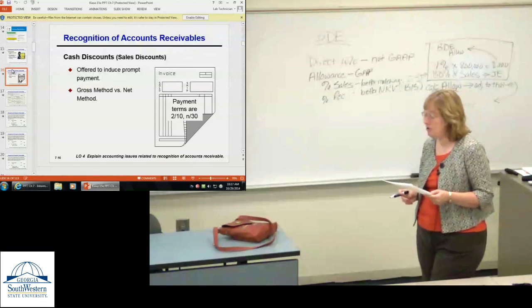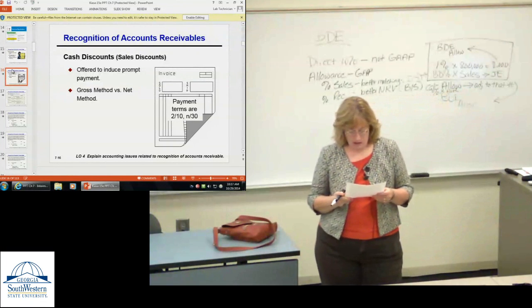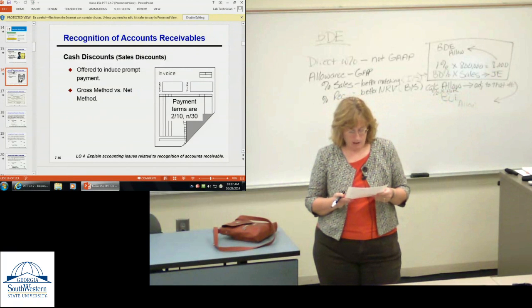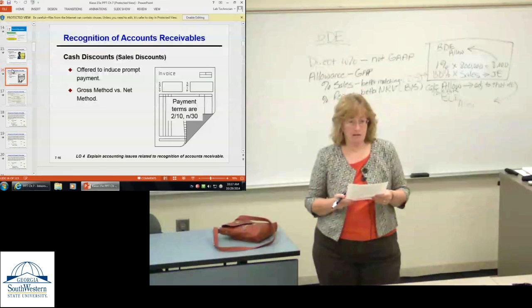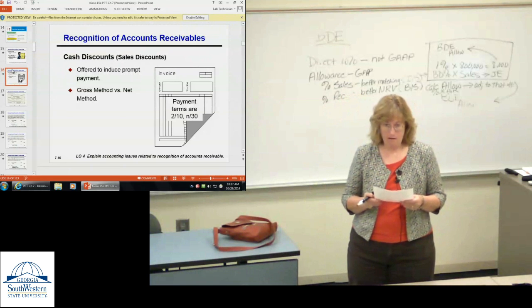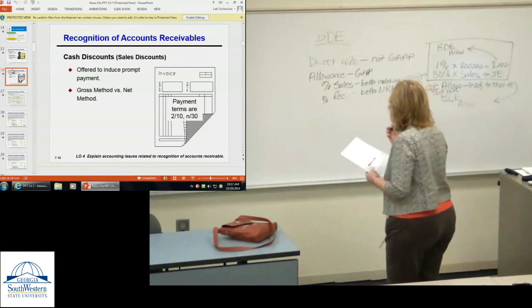And we can either use the gross method or the net method, right? So under 2, they use the gross method, right? On 3, they use the net method, all right?